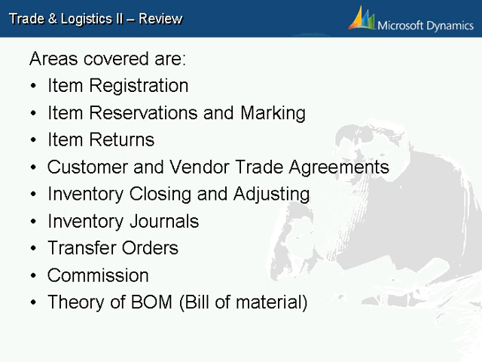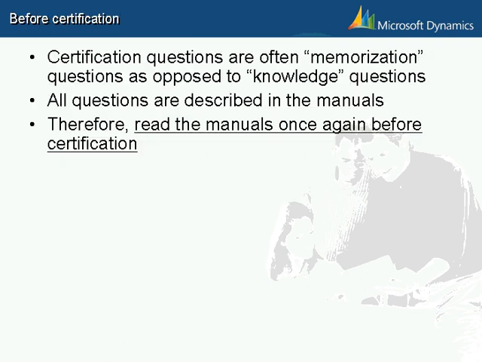So trade and logistics 2 covered those areas: item registration, item reservations and marking, item return, customer and vendor trade agreements, inventory closing and adjusting, inventory journals, transfer orders, commission, and theory of BOM, of bill of materials.